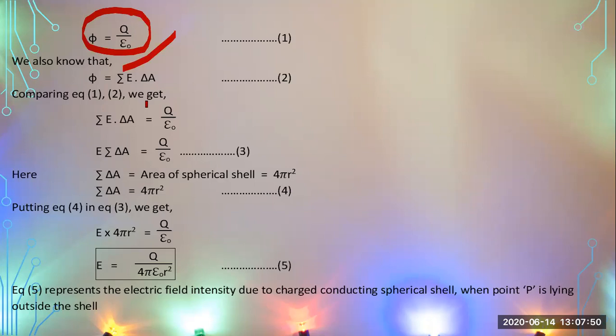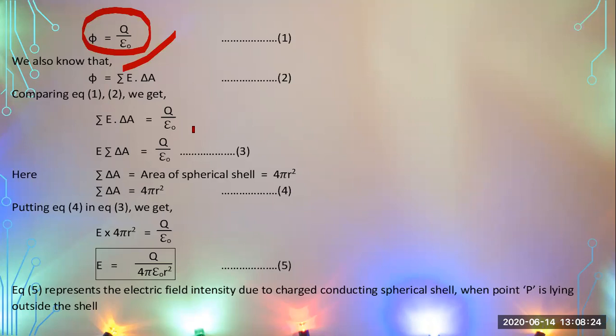Comparing 1 and 2, we follow the same steps as when we calculated electric flux inside a spherical surface, using the basic assumptions and the condition when the charge is placed inside. The main difference is that here the surface is outside the spherical surface. So comparing these two equations, you get E dot dA equal to Q over epsilon naught.